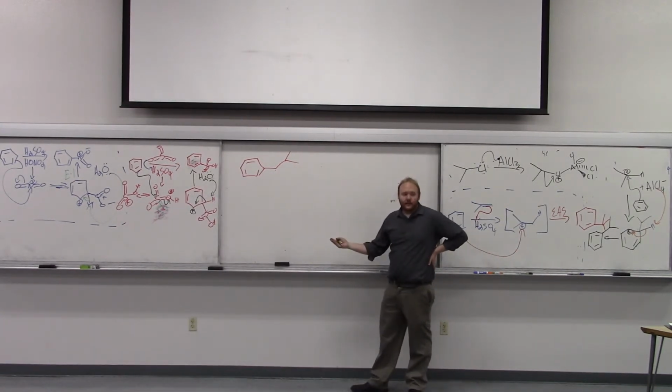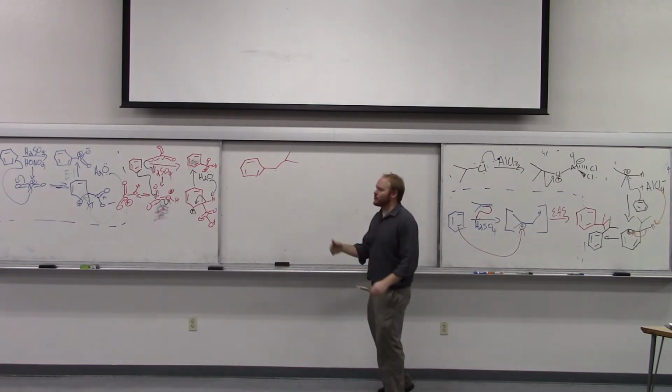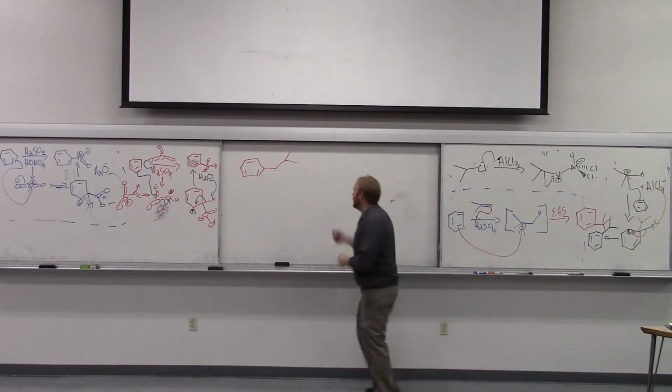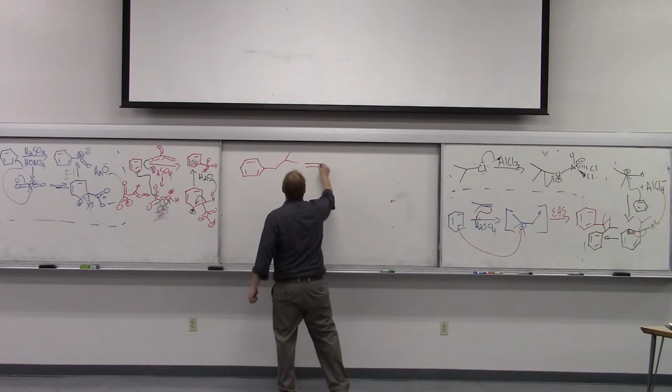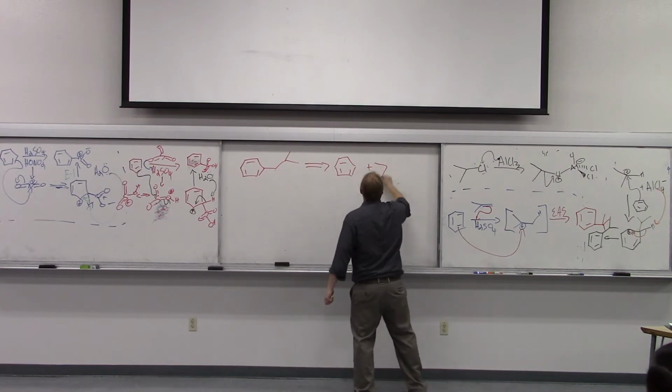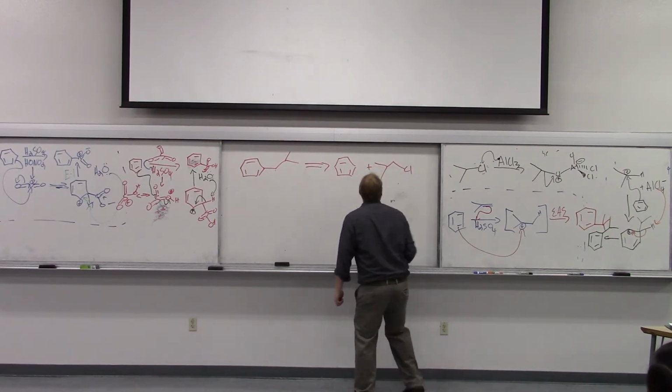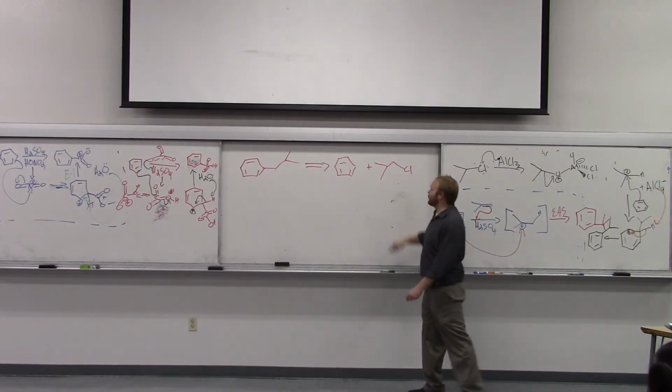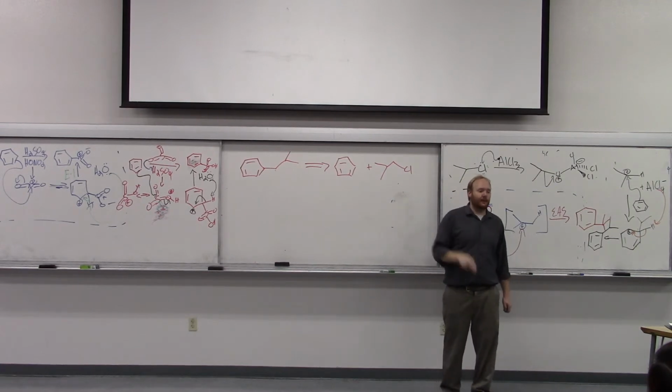How would we? Well, the first approximation you'd say, well, let's just do a Friedel-Crafts alkylation. And so the retrosynthesis would be, let's start off with benzene plus this alkyl chloride. Here's the problem why this wouldn't work.